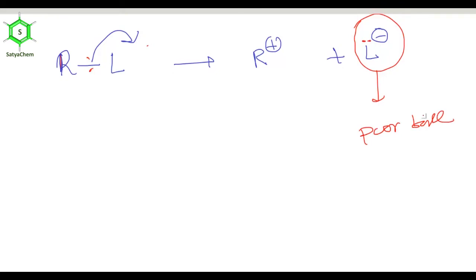Stable anions are poor bases because they don't want to react with H plus, because they are already stable. That is why stable anions are poor bases or better leaving groups. So the first criterion for a better leaving group is that it is a poor base or a stable anion.